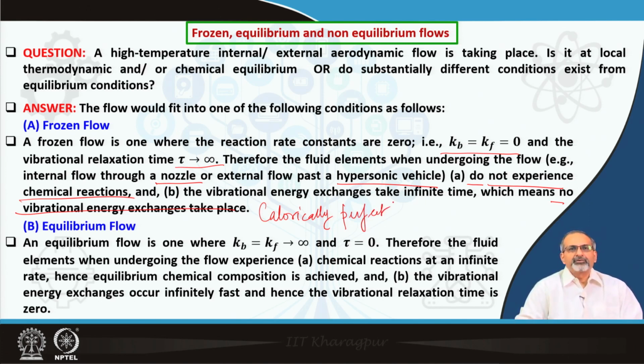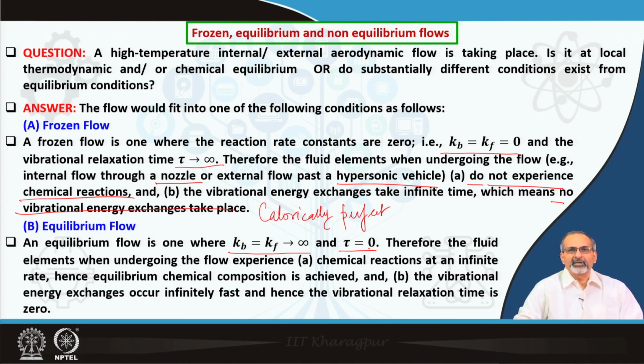On the other hand, if you look at equilibrium flow, it is one where the reaction rate constants tend to infinity, both the forward and backward rates tend to infinity. The vibrational relaxation time is identically 0.